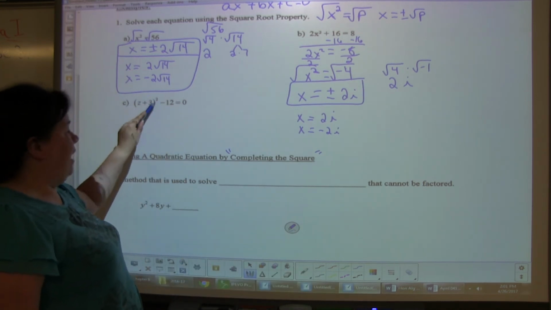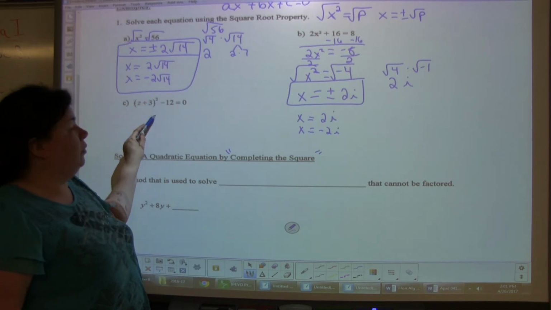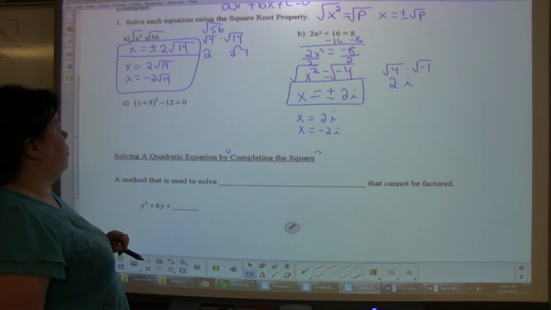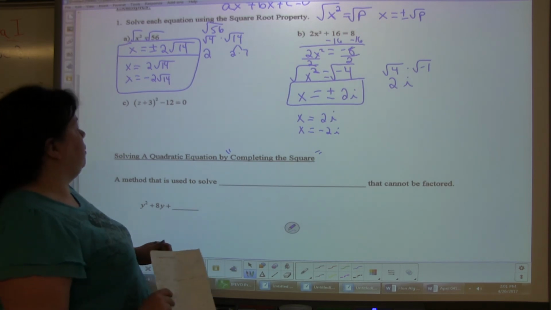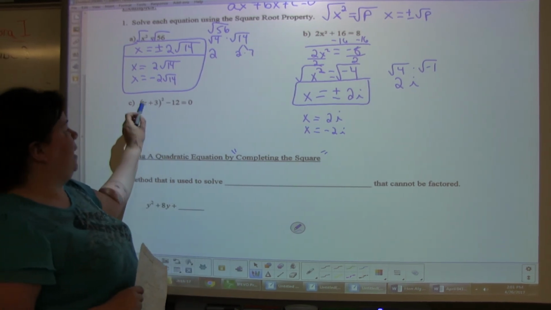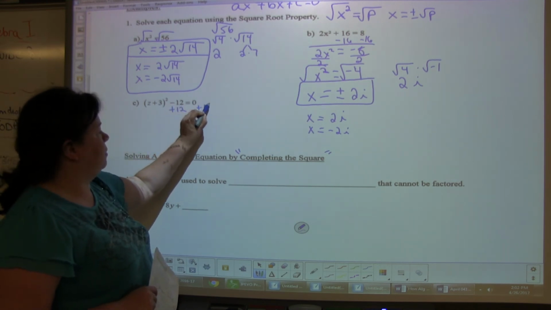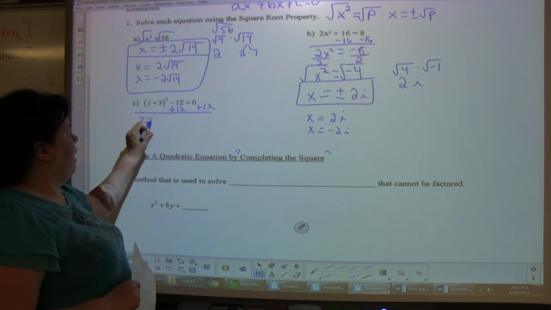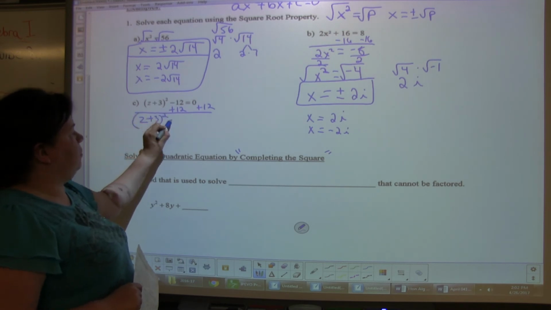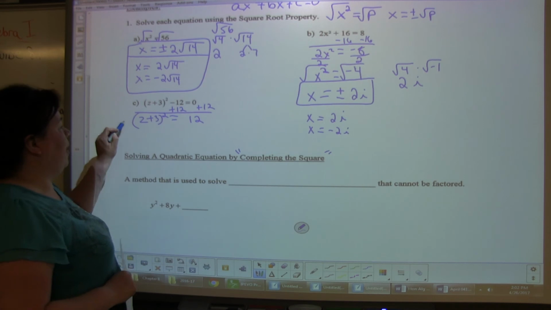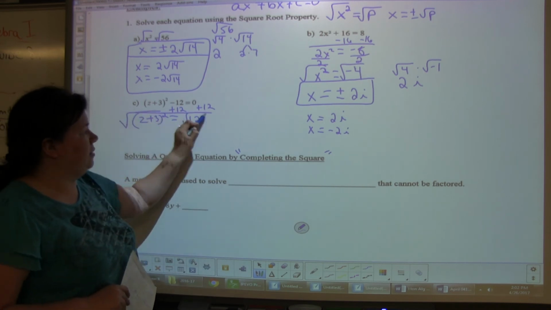So here I have my quadratic term and I have a constant, okay? So what I want to make sure that I do is go ahead and isolate this term. So I'm going to add 12 to both sides. So I have the quantity z plus 3 squared equals 12. And just like in chapter 8, I want to go ahead and square root both sides.